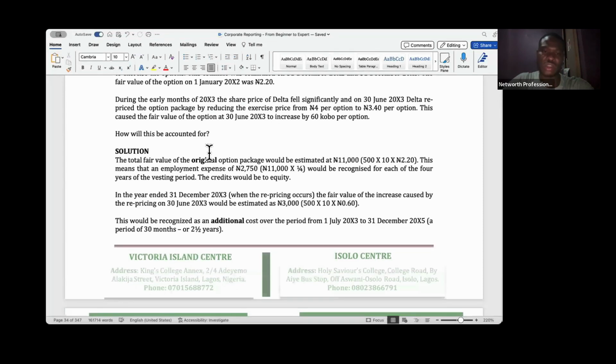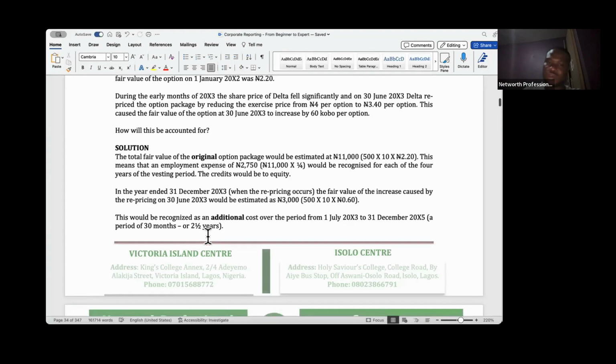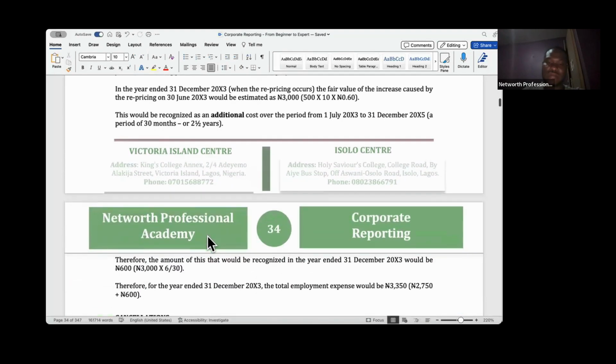So what I need you to really focus on, if you have understood that, just stick to that: what we did last week remains the same, but the additional thing we are doing is the increment. And this increment will be recognized over the remaining period. And that is what we have done. If you understand that, fine.